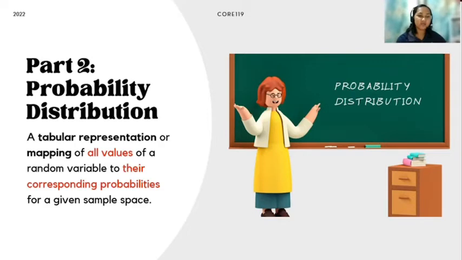So if you already assigned numerical values to the outcomes, we can now find the probabilities for such random variables. How are we going to find probabilities for such? Basically, it is determined depending on the number of outcomes that we have.